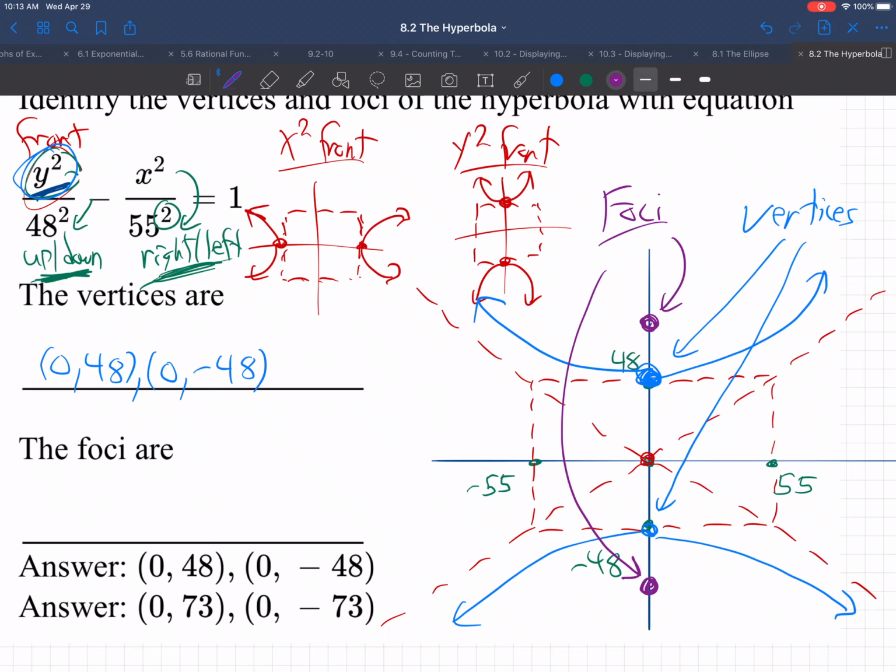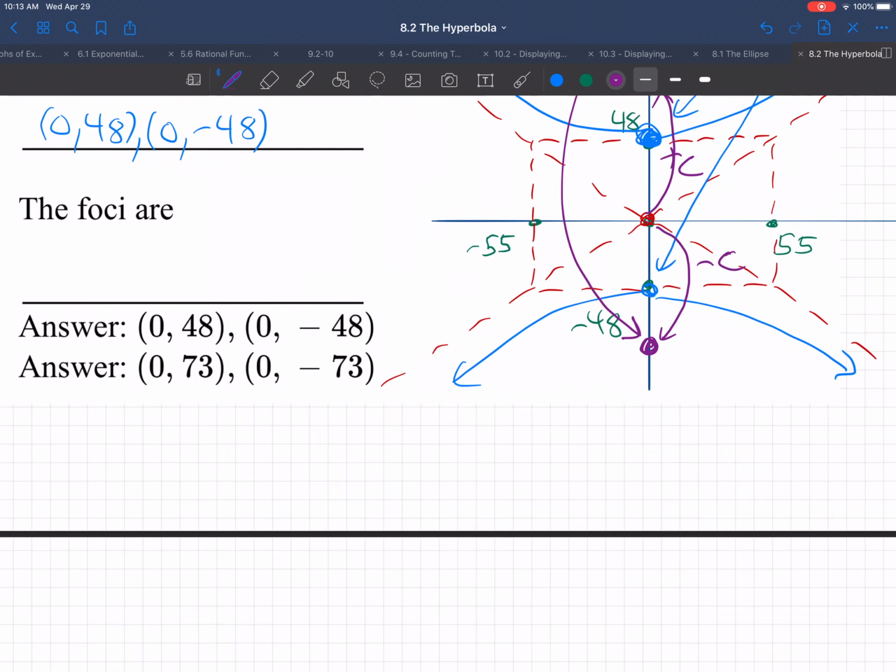So how do you find exactly where they are? Well, from the center to the focus points, in both cases, is c. That's going to be up c, and that'll be down c. c is what we use for the focus distance. So we have a very similar foci equation to what we used for the ellipse.